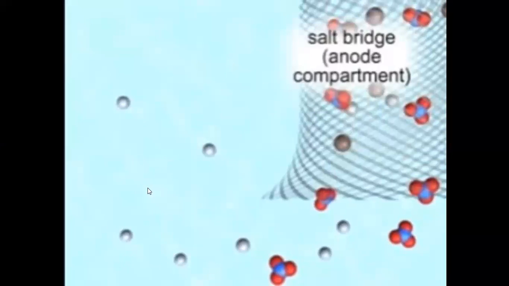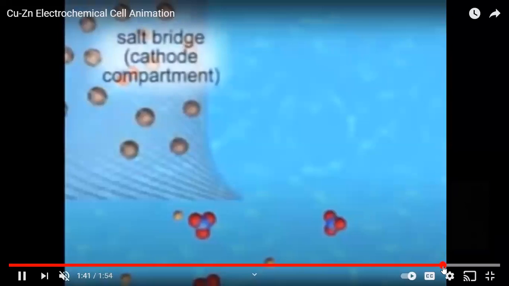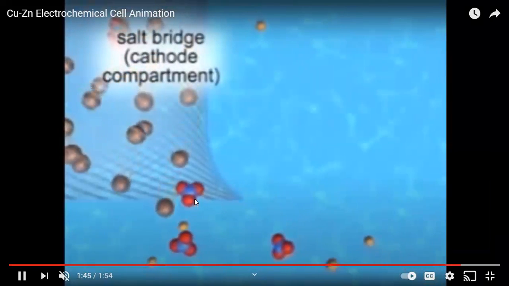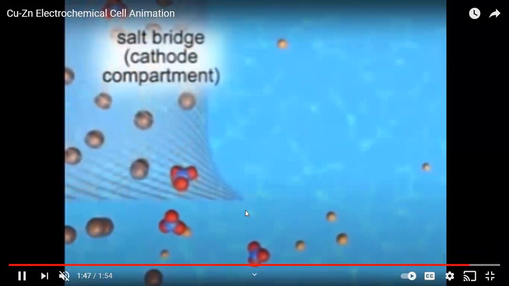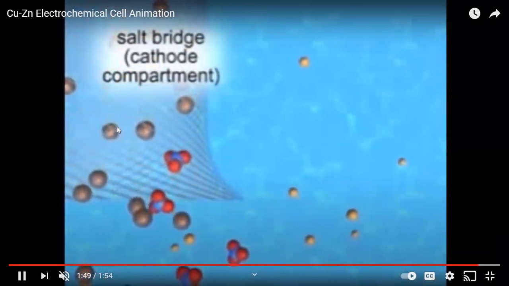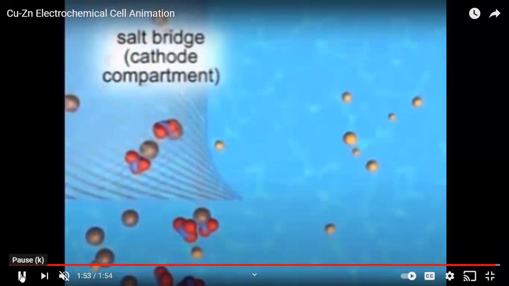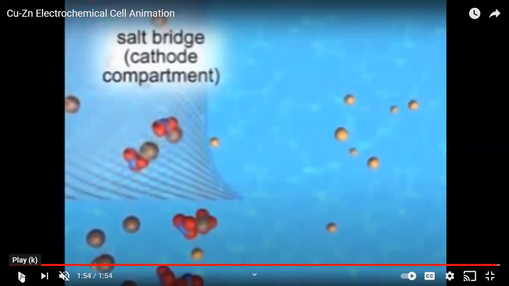And then on the cathode side, some of the negative ions from the cathode compartment might be coming in, and some of the positive ions from the salt bridge are going to enter into the cathode compartment to help balance out that charge. Because remember, on this side, we had copper ions forming copper metal. And so this is losing some of its positive charge. We need to replace some of that positive charge. Sodium is the easiest way.